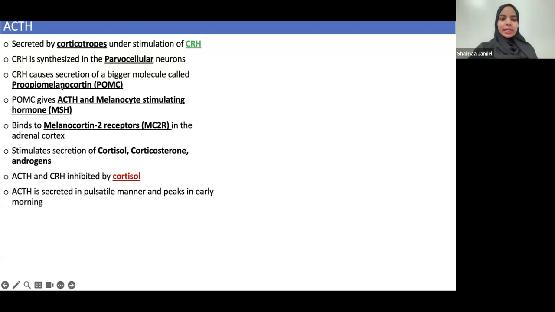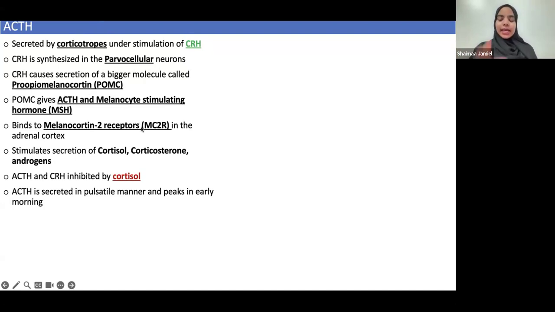So basically, ACTH is secreted by corticotropes under the stimulation of corticotropin releasing hormone. And this hormone in the hypothalamus is synthesized in the parvocellular neurons. When CRH goes to the anterior pituitary, it's going to secrete everything as a big molecule, a prohormone called pro-opiomelanocortin, POMC.